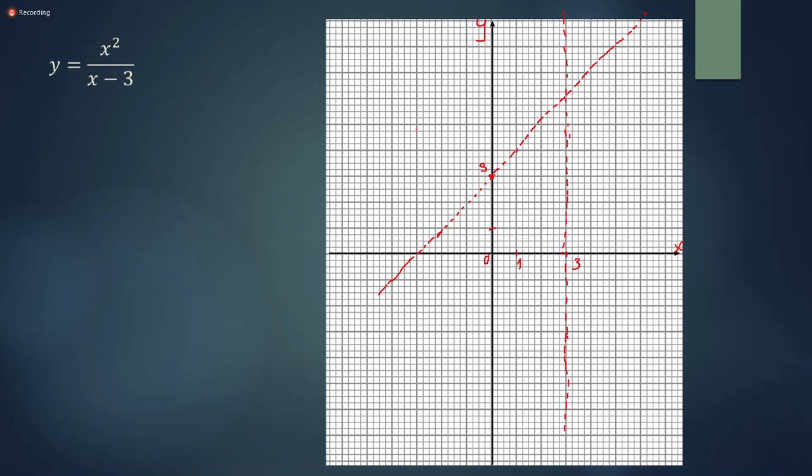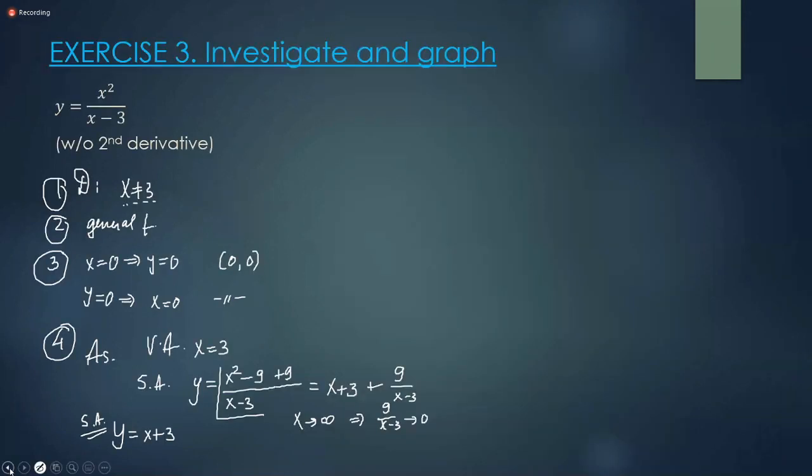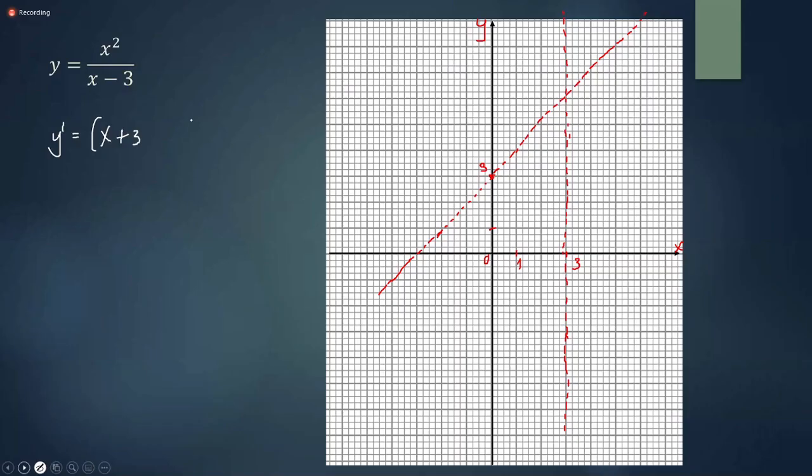Now the derivative, the first derivative only. Again, for the derivative, you could use this x plus 3, and what was the other one? Go back, check: plus 9 over x minus 3.